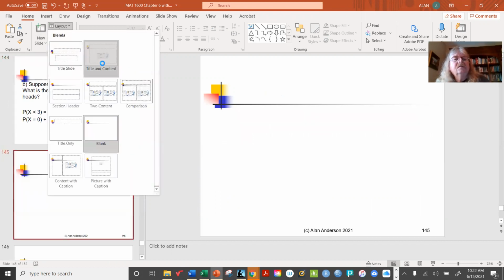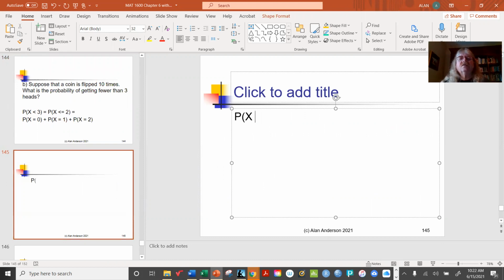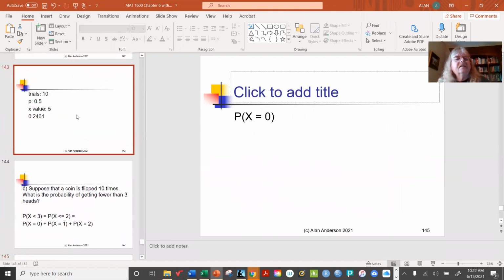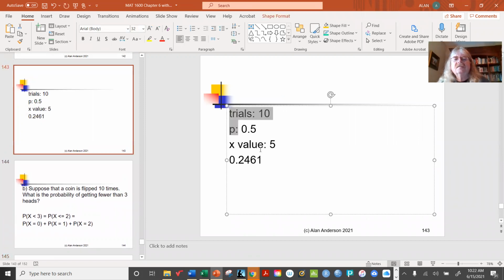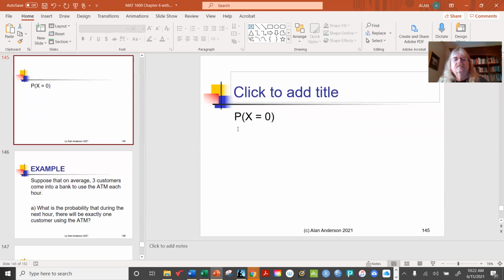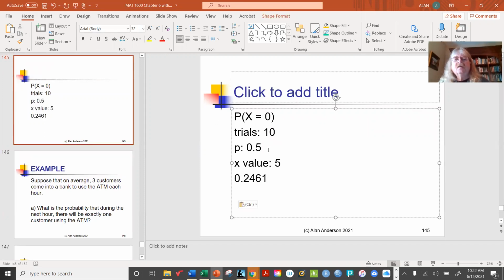So let's see, the probability that X equals 0. For that, I'm just going to steal this. So the only thing that's changing here is 0. And this probability is going to be very small, whatever it is.